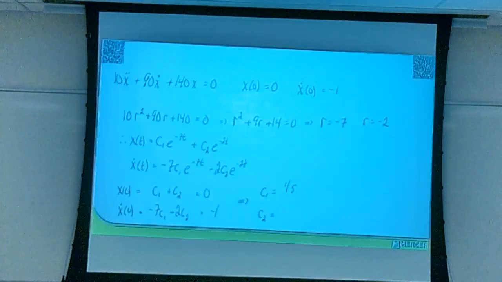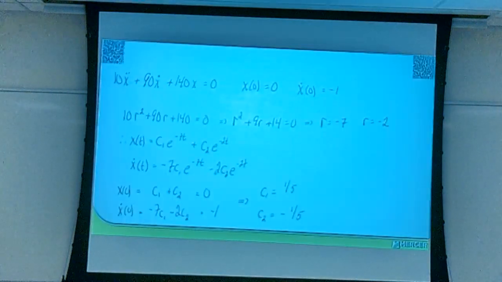I'm solving for C1. C2 would be negative 1/5. I solved for C1 first. So C1 is positive 1/5, C2 negative 1/5. Same for you, at least it should be.